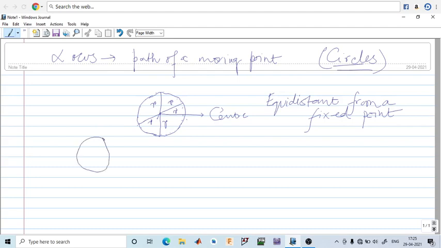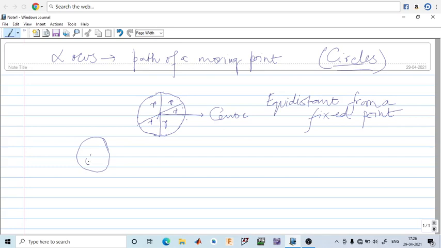Suppose this is a circle. If we draw a circle on a coordinate axis, then the center must have some coordinate, and any point on that circle may have some coordinate.